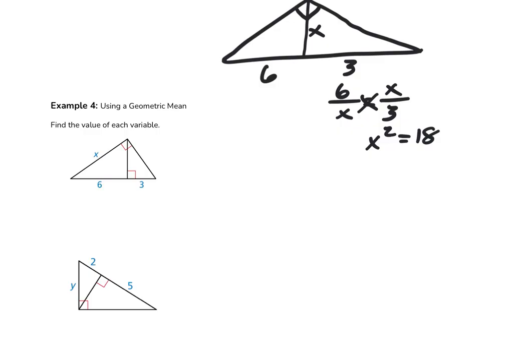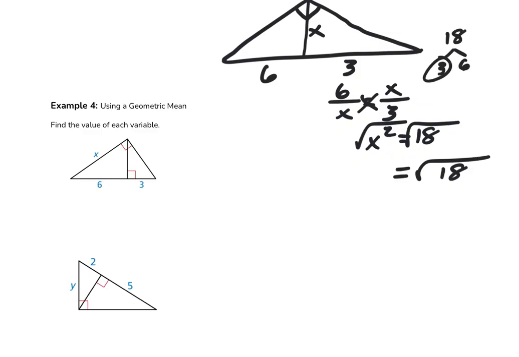I've got to break it down. Is 18 a perfect square? No. So we've got to break it down. What is something that goes into 18? 6 and 3. If you would rather just do the tree diagram up here, we could do 3 and 6. 3 is prime. 6 breaks up into 3 and 2.